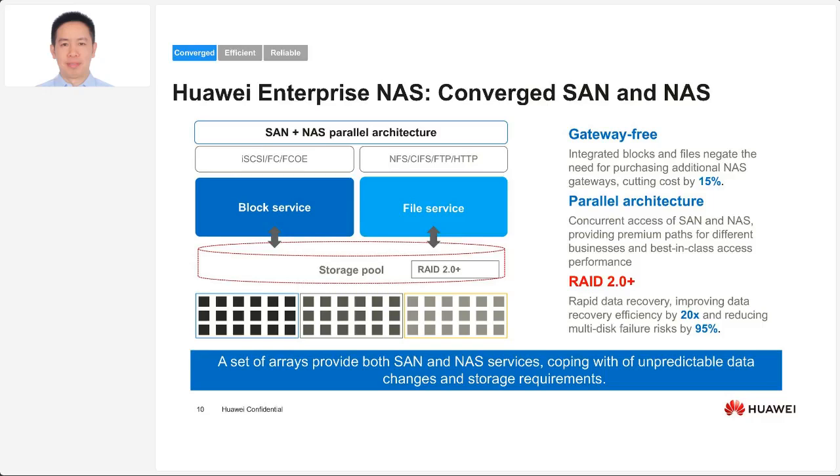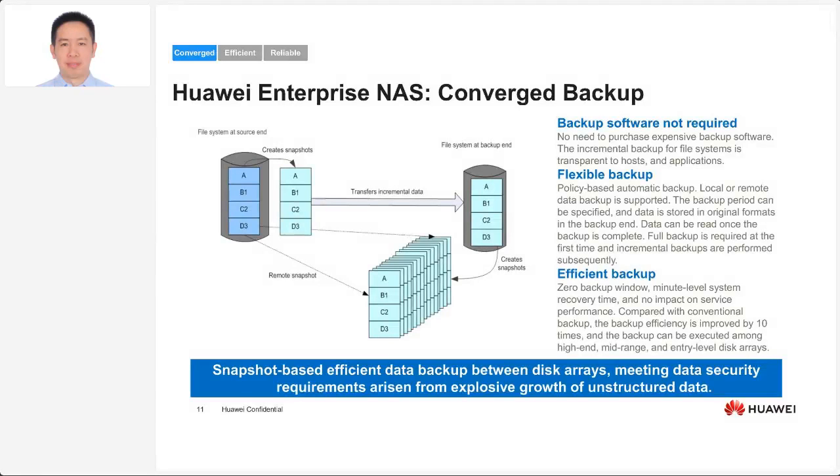On the block device we could support both SCSI and Fibre Channel over Ethernet. On the file system, we support NFS, CIFS, FTP, and HTTP protocols. So this clearly shows us the capability in the file system, which we call the convergent system. And also we have a portfolio to cover the convergent backup solution.